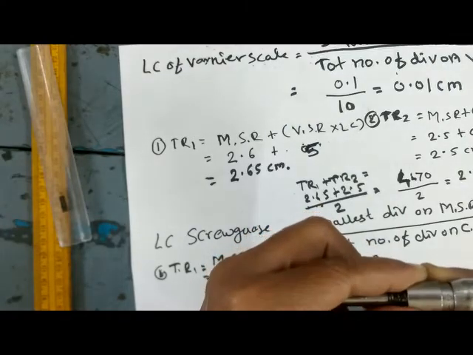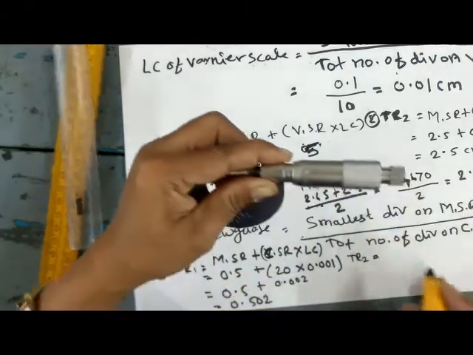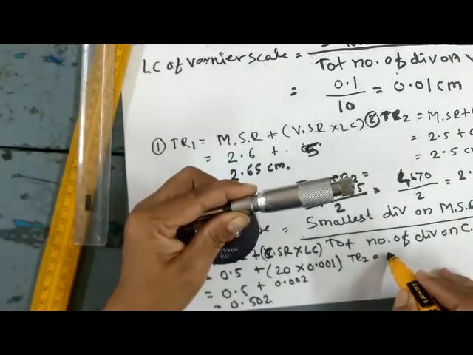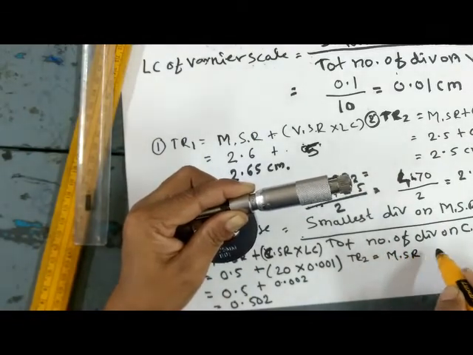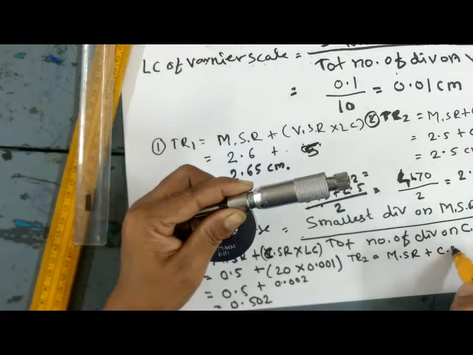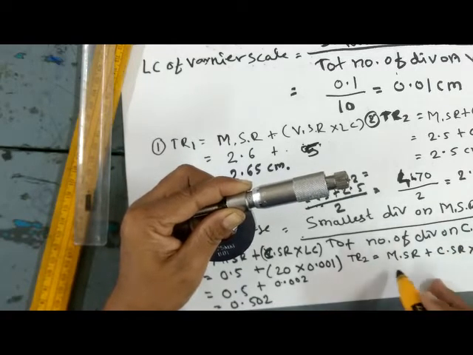So in this case we get MSR plus CSR into LC.